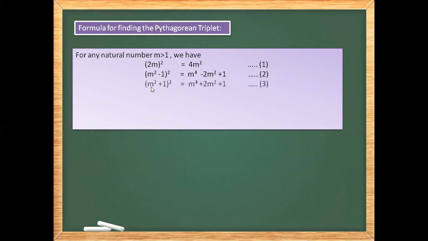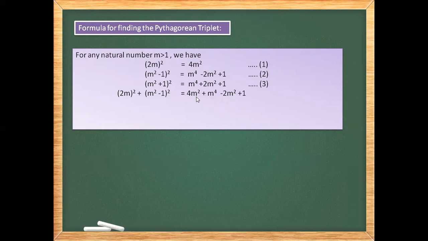Then (m square plus 1) the whole square is m raised to 4 plus 2m square plus 1. Now I have these three numbers. If I add the first two statements, (2m) square plus (m square minus 1) square equals 4m square plus m raised to 4 minus 2m square plus 1.